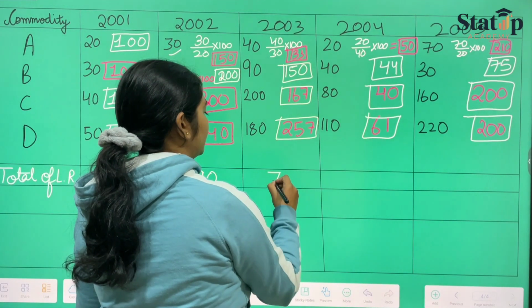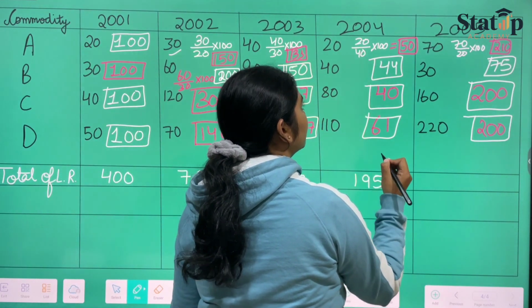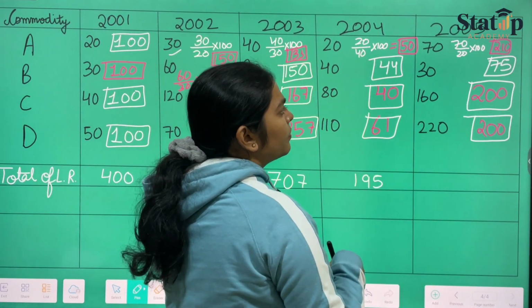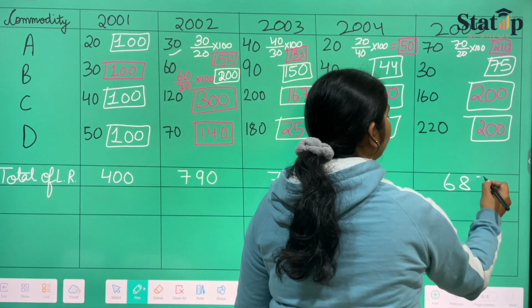This will be 707. This will be 195. And this will be 46685.